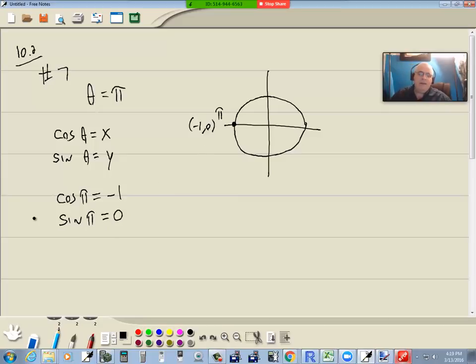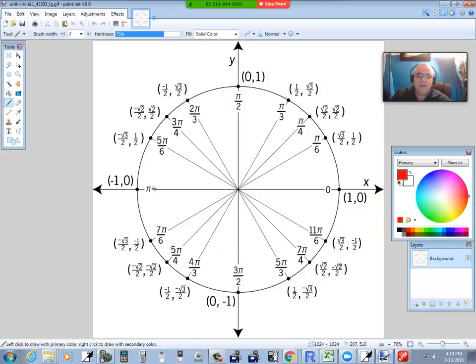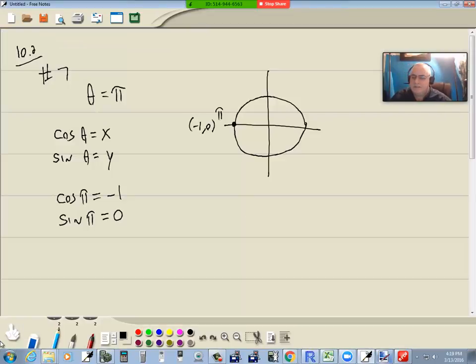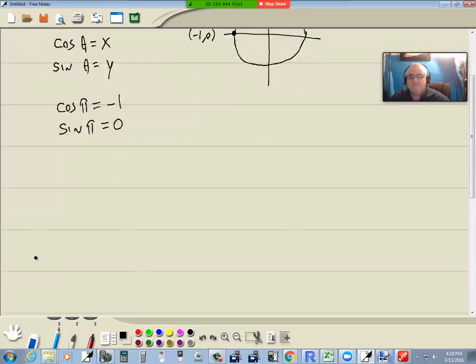Now I just sketched the unit circle here, but this is what it's all based upon. Over here is our pi, and this is our x, and this is our y. We're going to be using this in quite a few examples. And that was number 7.